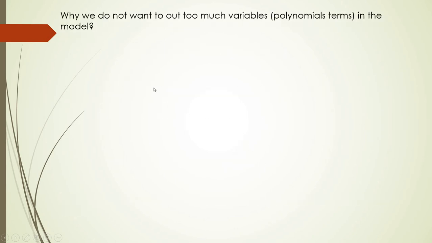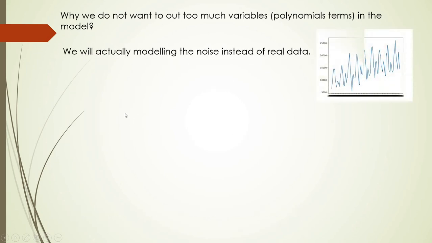bring the decision. Why do we not want to have too many polynomial terms in the model? Because if we do that, we are actually modeling the noise instead of real data. We are actually modeling our residuals instead of real data.